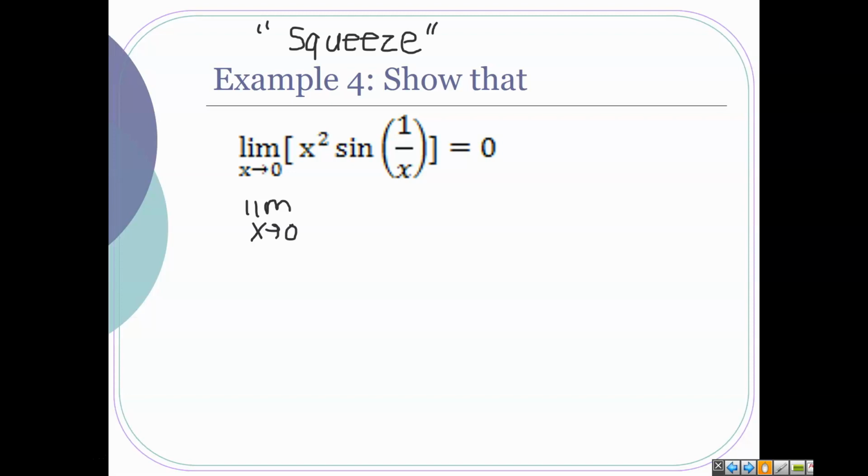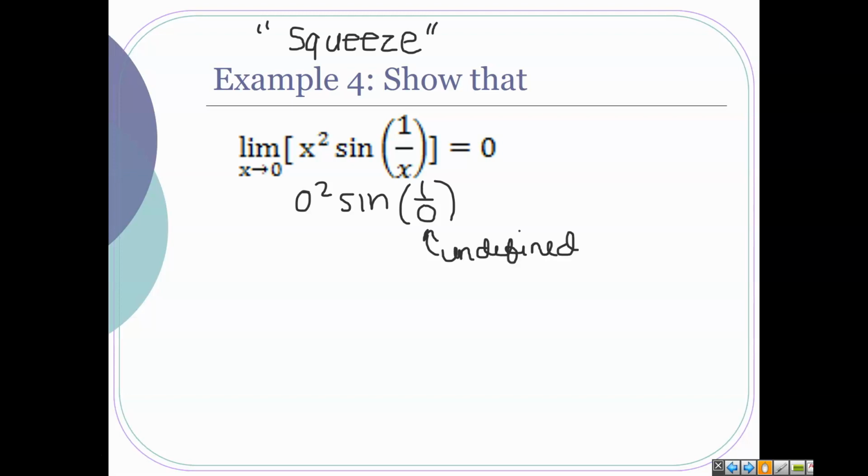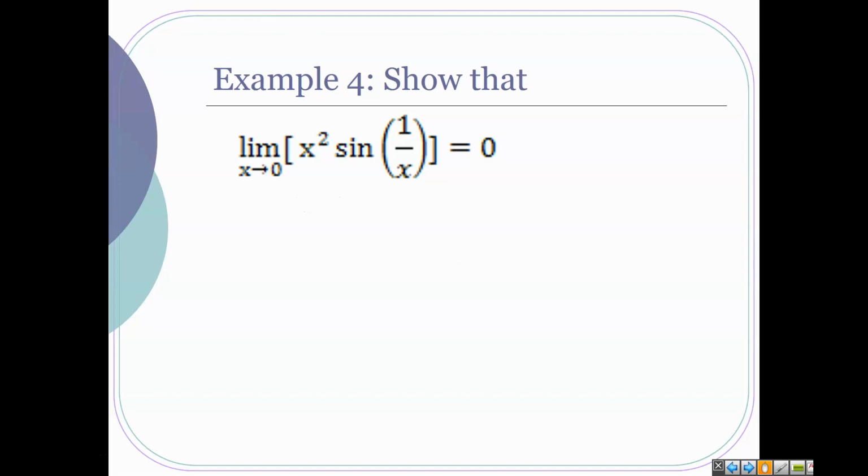Plugging in, we get 0 squared, the sine of 1 over 0. Well, again, we know we can't divide by 0. So that part of the problem is undefined. So we have to find a way to find the limit. And that way we find it is the squeeze theorem.